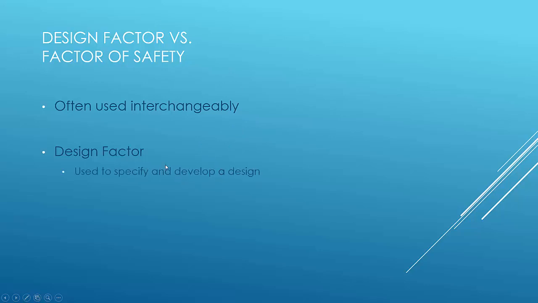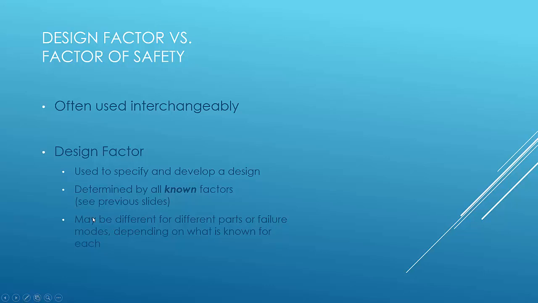So the design factor I use to specify and develop a design, and it is determined by all the known factors. So maybe one's 1.5 and one's 1.2 and one's 2.0. So you multiply those together. Perhaps that might be one of the ways in which that is done. Then you end up with a design factor, and you design from there.